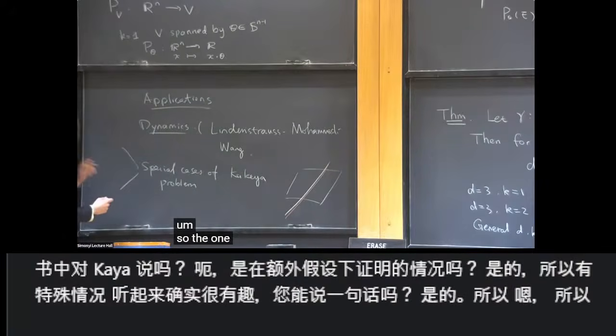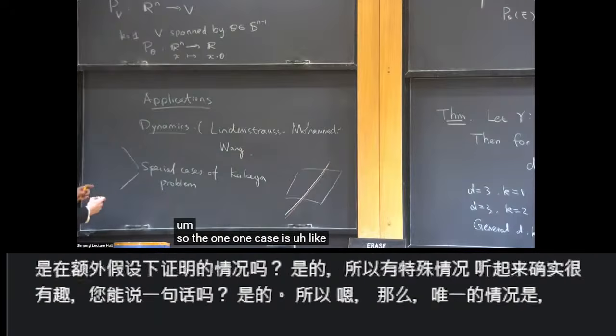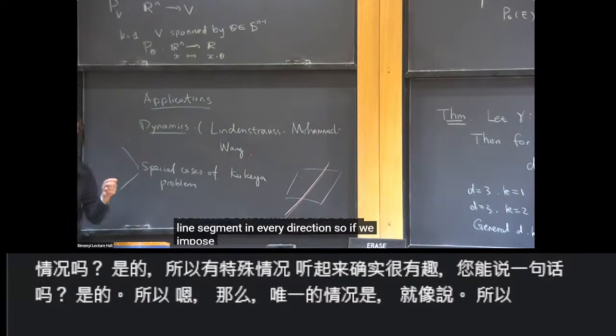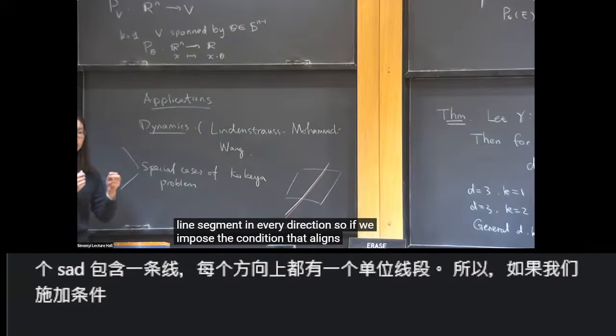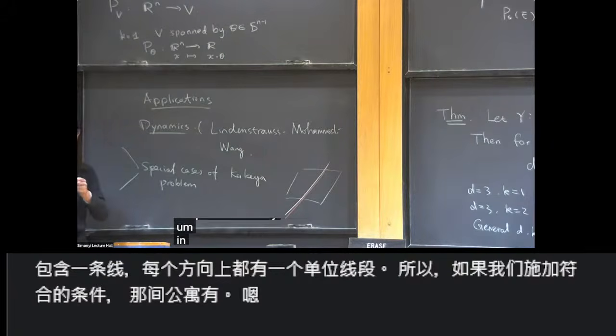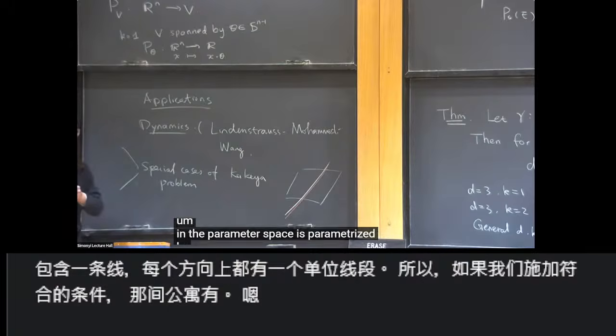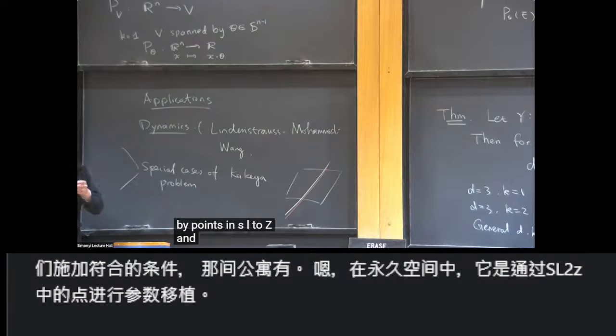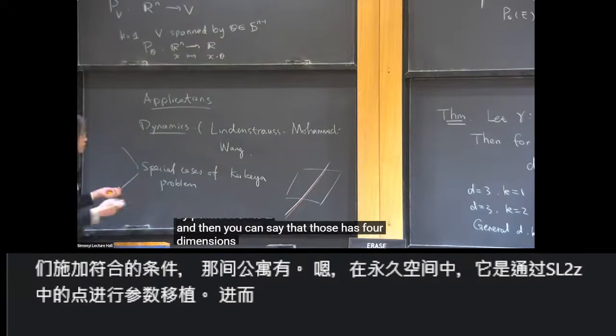So the one case is, say, a Kakeya set is a set that contains a unit line segment in every direction. If we impose the condition that the lines are parametrized, in the parameter space, by points in SL2, then you can say that those Kakeya sets have dimension 4.